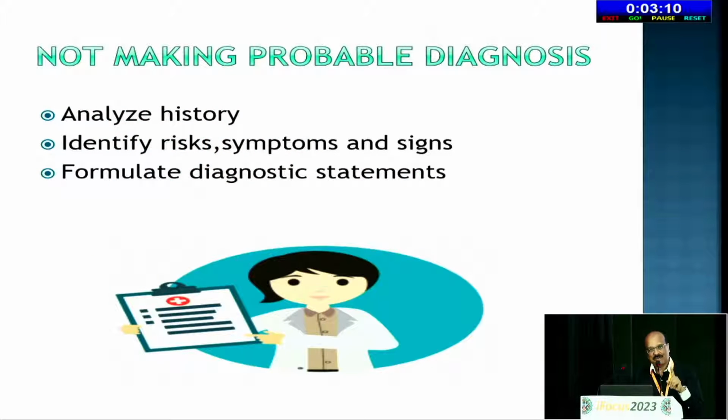Not making a probable diagnosis: as I told you, by analyzing the history of the patient, identify the risk, symptoms and signs, then you formulate a diagnosis, and by the investigations you make your final diagnosis. Just like in fungal corneal ulcer, if the stain of the smear shows investigations in favor of fungal ulcer, you can make the final diagnosis.